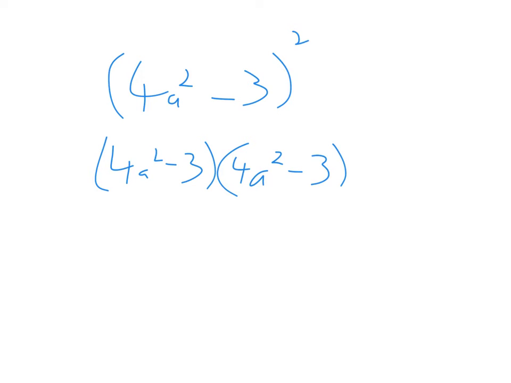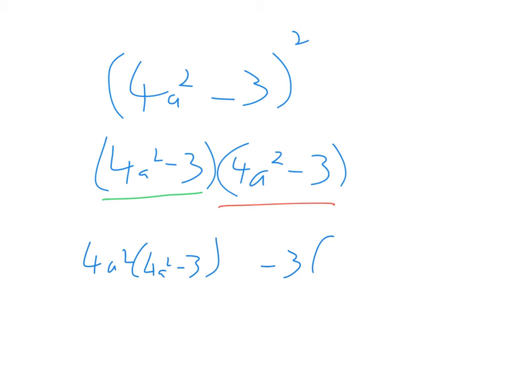Now we're going to follow this on in exactly the same way as we did the other ones. We're going to split up the first bracket into 4a squared and minus 3, and then we're going to copy out the second bracket fully. So 4a squared minus 3 and 4a squared minus 3.